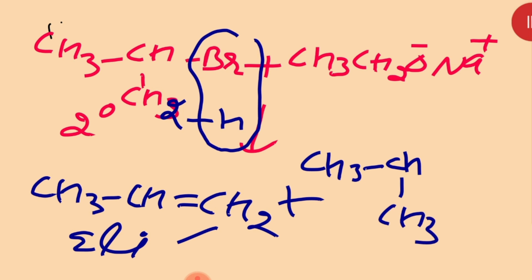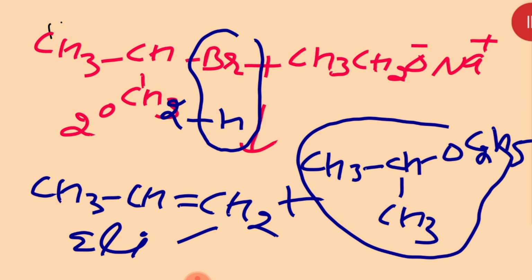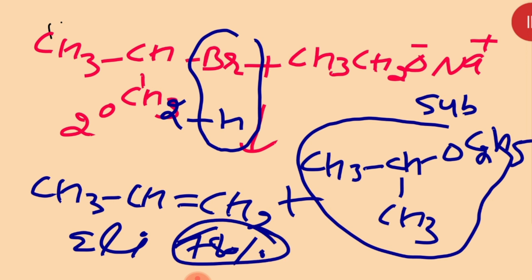CH3, then O, C2H5. This is by substitution. But just remember, what you make with the elimination is 78%, and what you make with the substitution is only 22%.